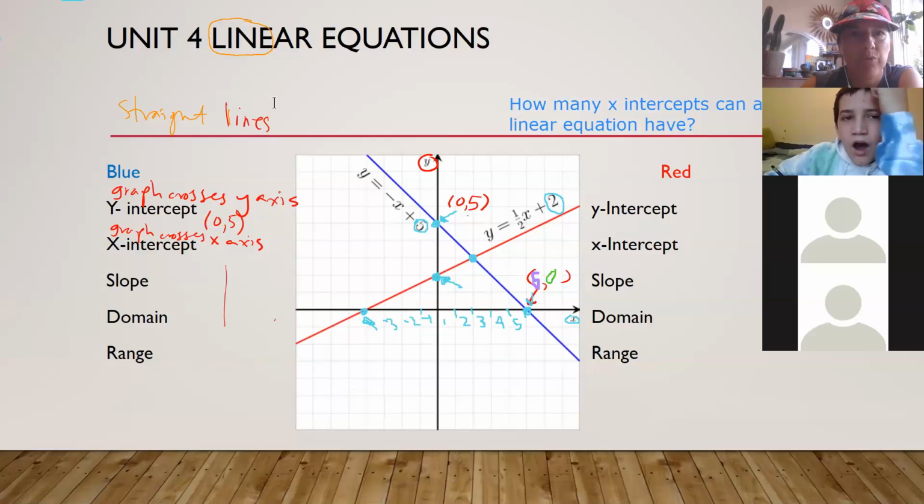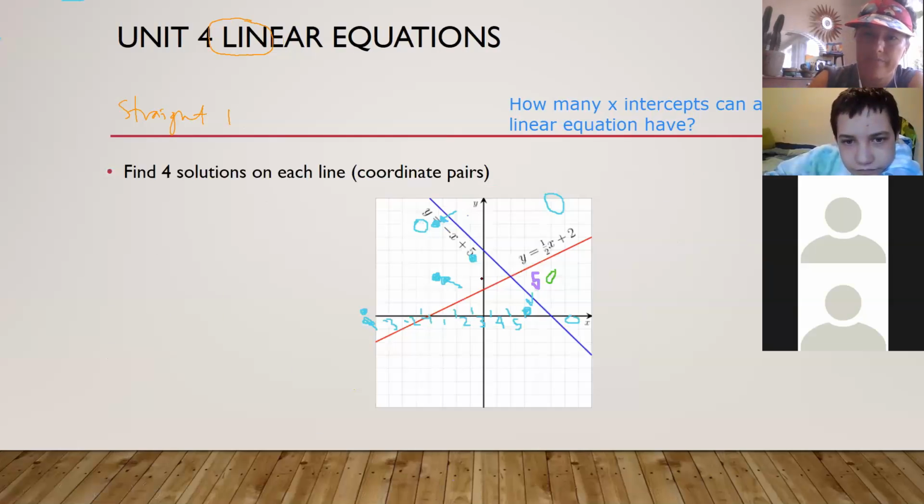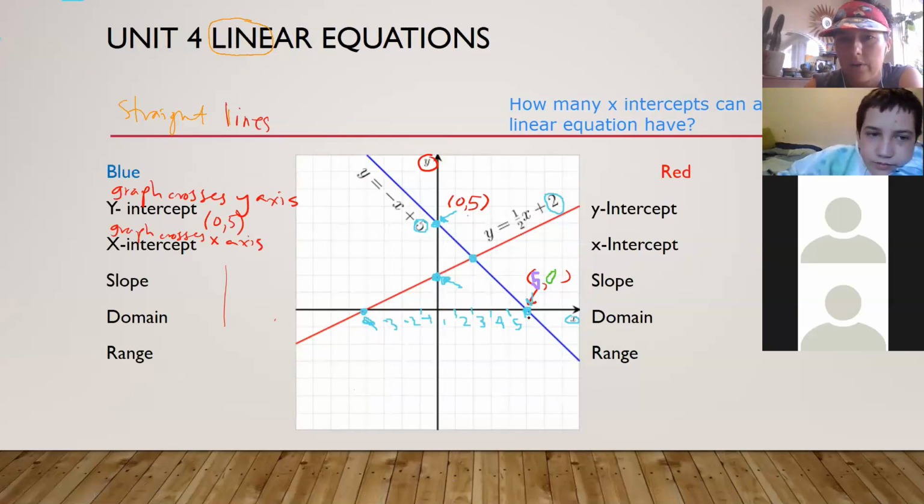So let's look at this blue one for a second. It crosses our x-axis once here. In order for it to come back and hit our x-axis again, wouldn't our blue line have to bend and come back up? And it's not going to bend and come back up because it's a straight line. It's going to keep going.